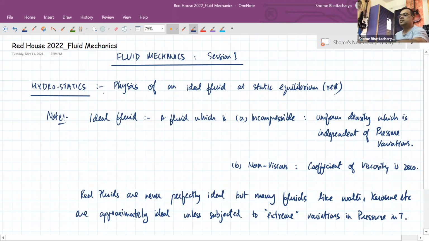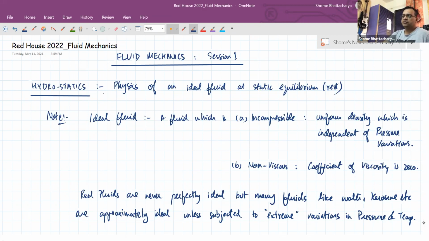So within reasonable limits of our experimentation, limits of variations in pressure and temperature, we can treat certain types of real fluids like water and kerosene, etc. as nearly ideal, which means that there will be very small variations in density with the variations in pressure.